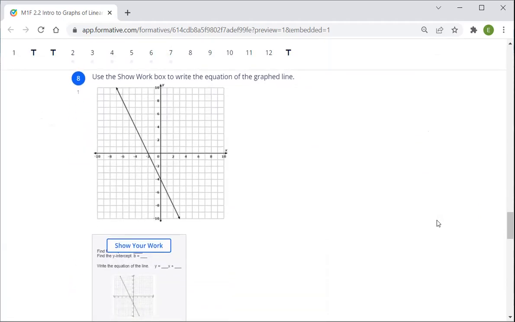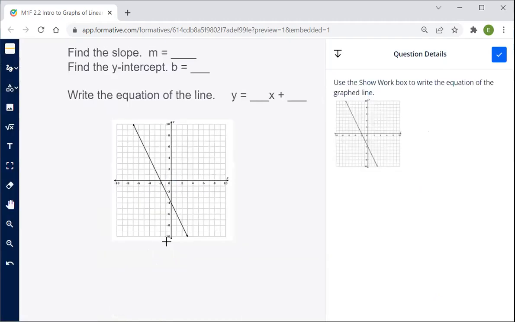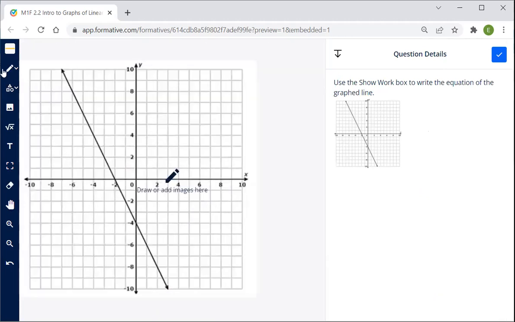Okay, the next case, we want to find the equation of the graphed line. Ooh. First thing we want to do here is find the slope. This one is a little bit friendlier for us. So we can go ahead and draw our triangle.